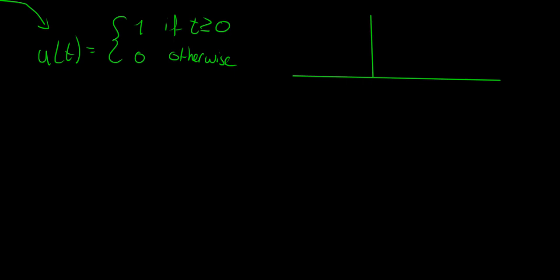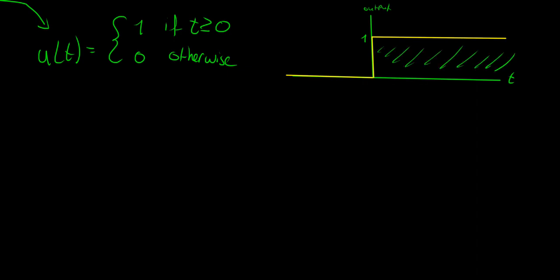Here we have our t, and here we have our y, or our output. And the function goes like this, at a height of 1. This is the step function. It's nothing more than this. And this goes on to infinity, but it is just 1 for t at or above 0 and 0 otherwise.